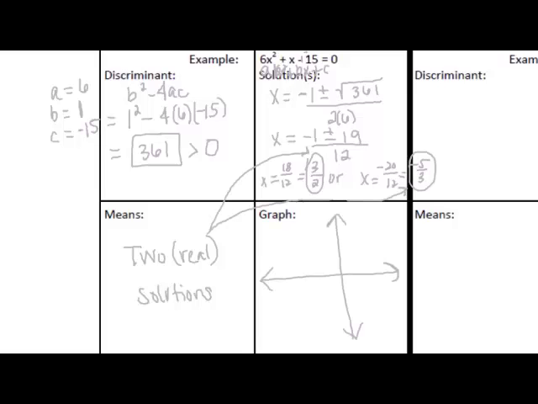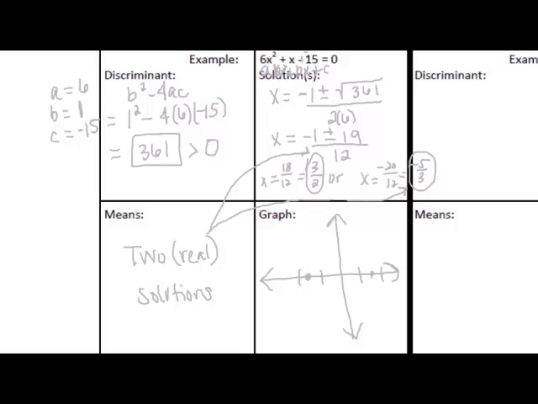If you remember, the graph of a quadratic function, or the solution, is where the graph crosses the x-axis. In this case, if our solutions are 3 halves and negative 5/3, 3 halves is the same as 1 1/2, so that's going to be right here. Negative 5/3 is negative 1 2/3.